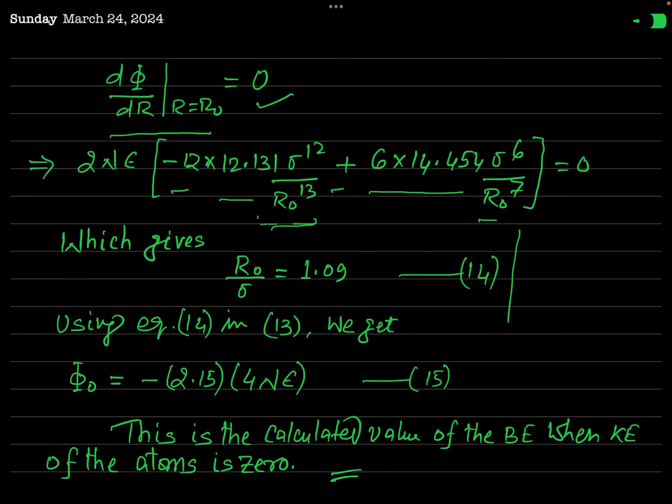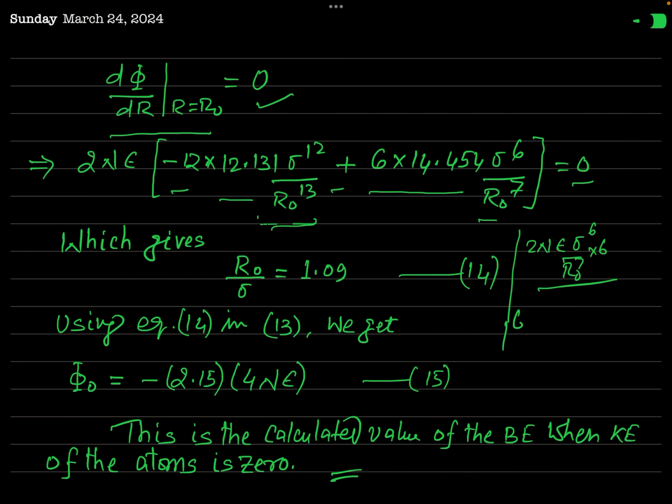Now when we simplify it, the factor 2nεσ to the power 6 by R naught to the power 7, into 6, will be removed because on the right-hand side there is 0, and we can take this as a common factor. So what are the remaining terms?